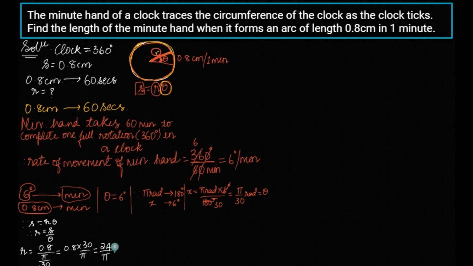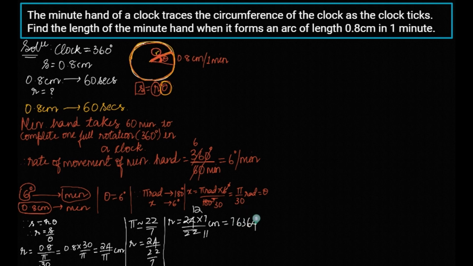When you replace the value of pi as approximately equal to 22 by 7, we get the value of r as 24 divided by 22 by 7, which is equal to 24 into 7 divided by 22 centimeters, which is equal to 7.6364 centimeters.